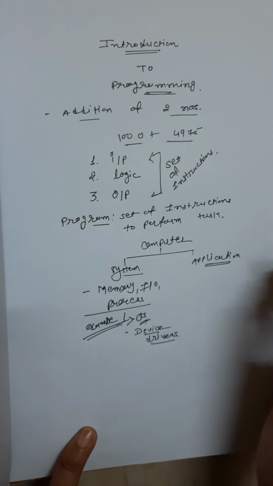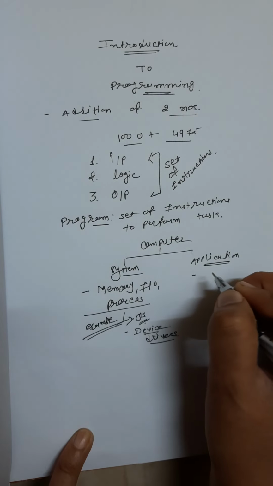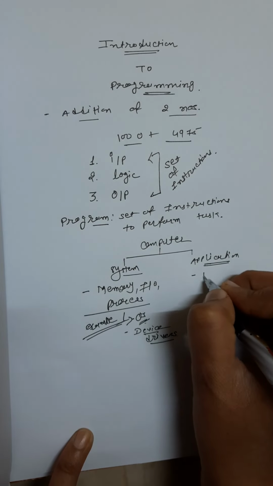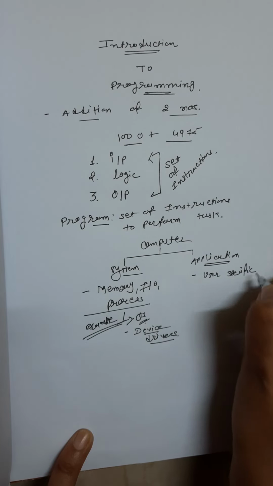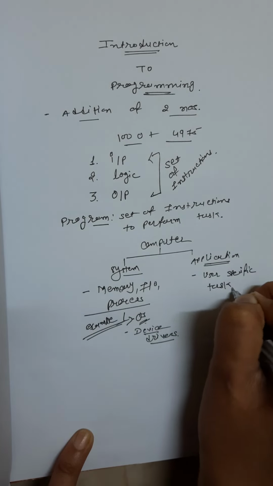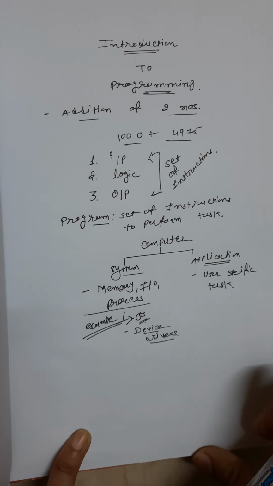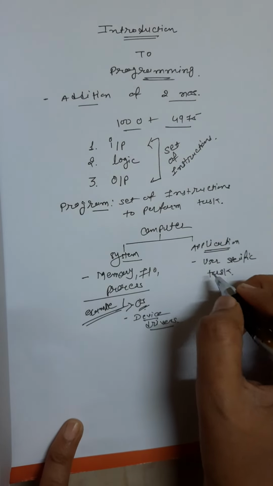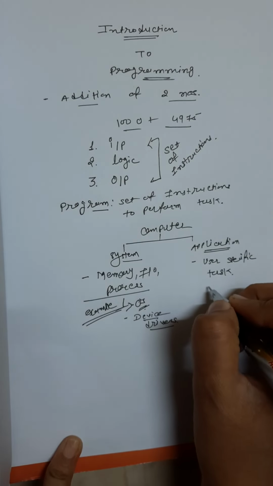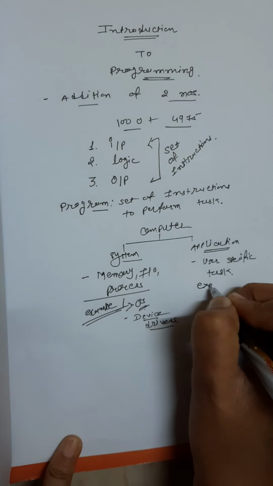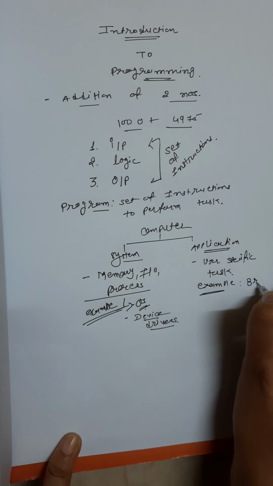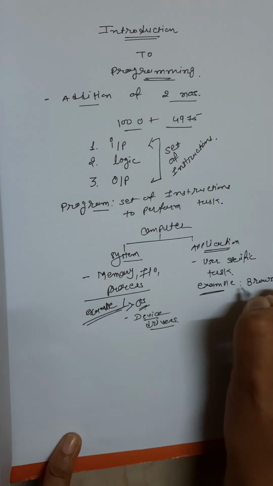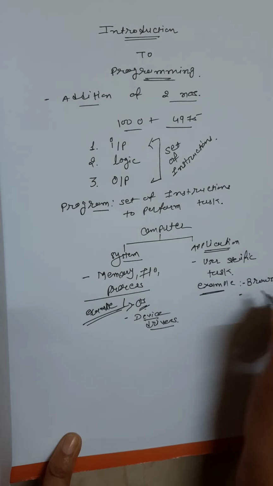In the same way, what is application software? Application software performs the user specific task. Like if there are internet users, then they are using browsers like Internet Explorer, Mozilla, Google Chrome.